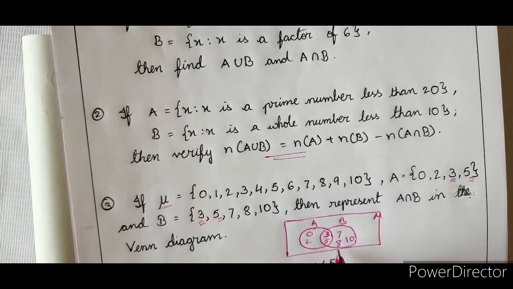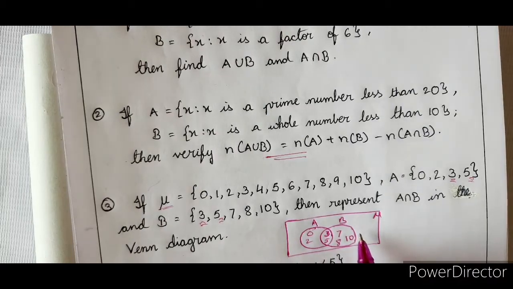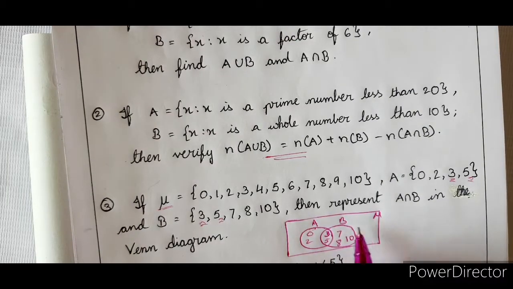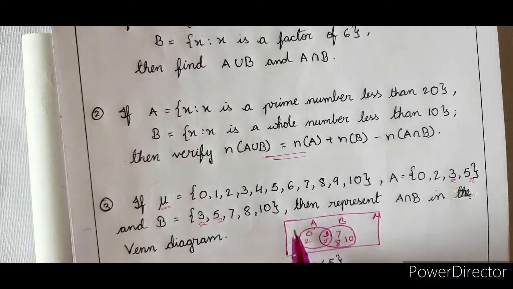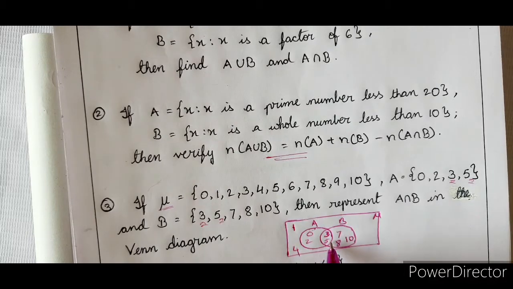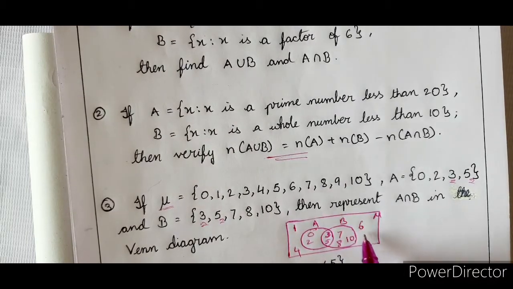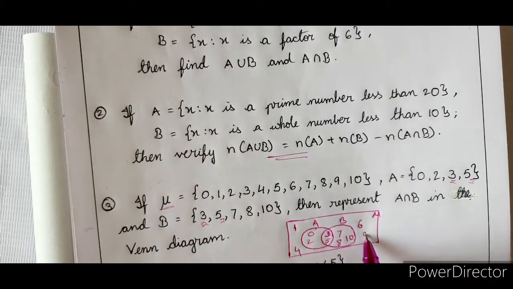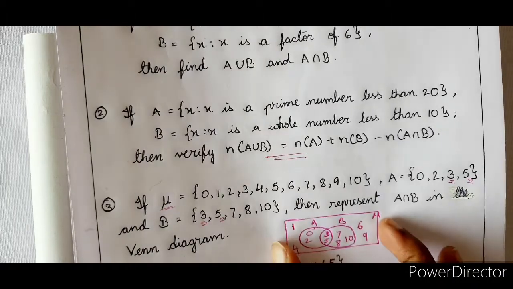So, this is the intersection part. Are there any things which are left over in mu? So 0 is included here, 1, 2 is there, 3 is here, now 4, 5 is here, then 6, then 7, 8 are here, 9. So this is the universal set.